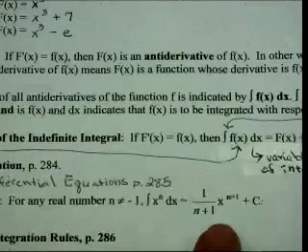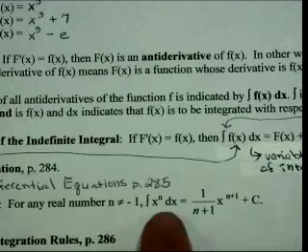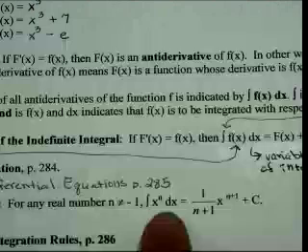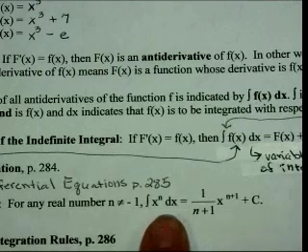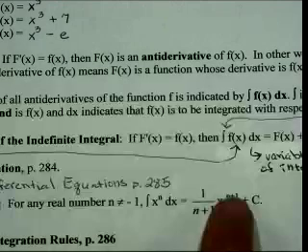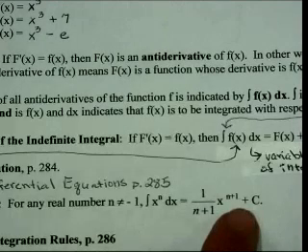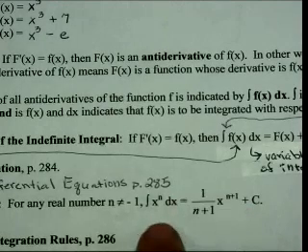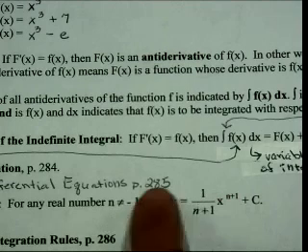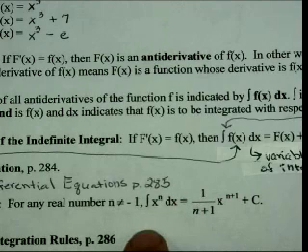To anti-differentiate x to the n, you have to do the opposite of what you do when you differentiate x to the n. You have to undo the differentiating. So instead of subtracting 1 from the exponent, you add 1 to the exponent. But also, when we differentiate x to the n, we bring the n out front and multiply it by the x.